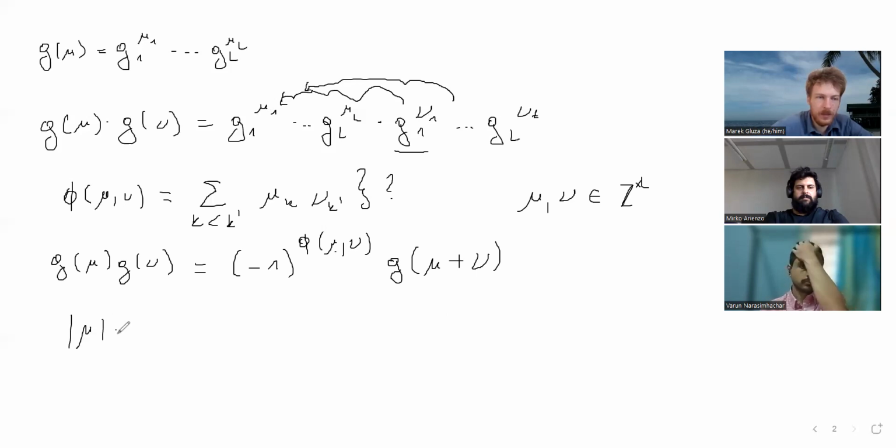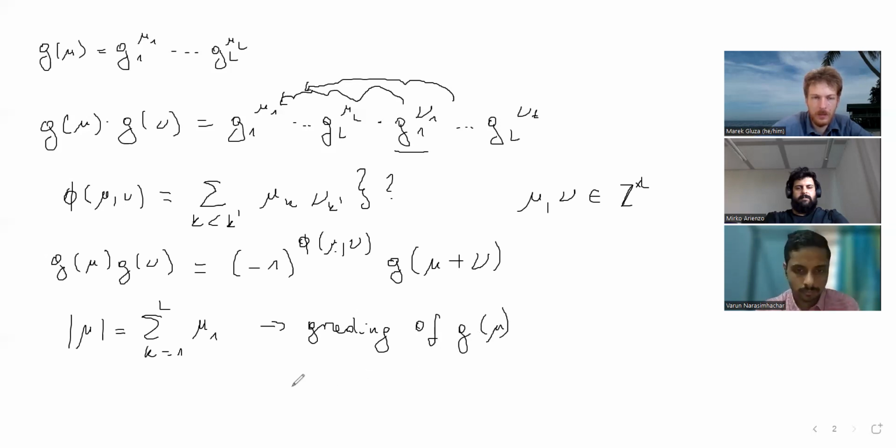So then the weight here, which is the sum over k from 1 until L of mu k, we could call the grading of G mu. Okay, so this is the grading of G of mu.